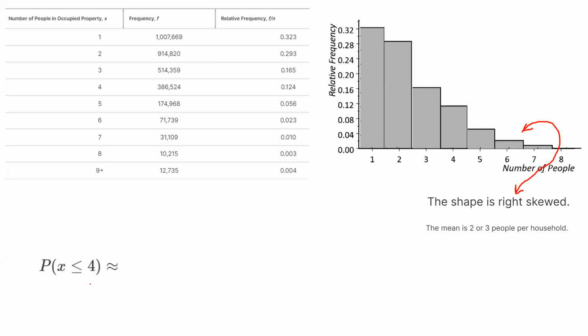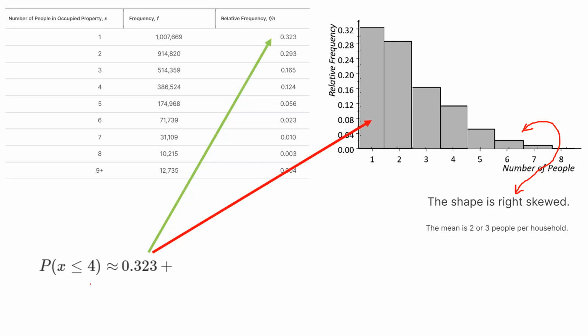What is that probability? You're going to add 0.323, which is basically the relative frequency for x equals 1. When you say that x is less than or equal to 4, you're basically looking at these numbers. x can be 4, x can be 3, x can be 2, x can be 1.